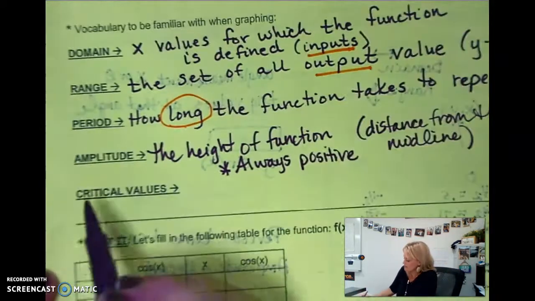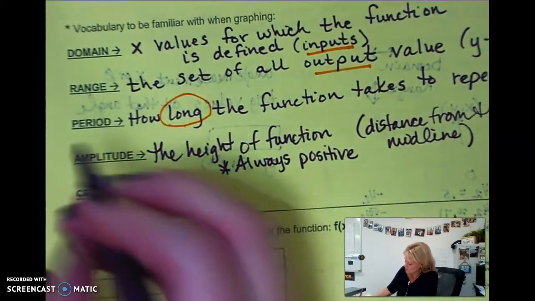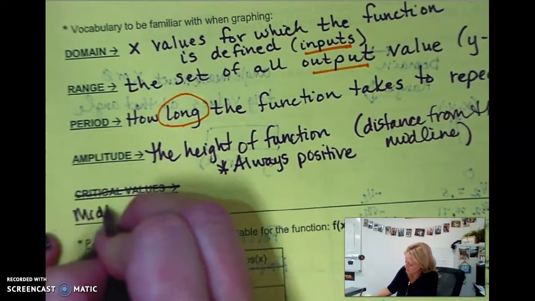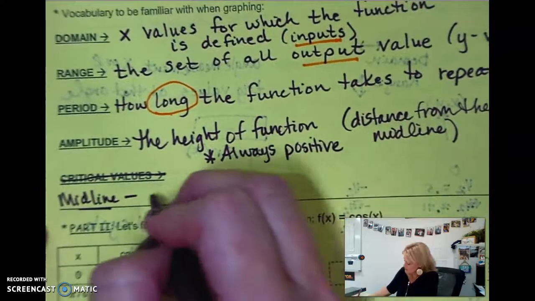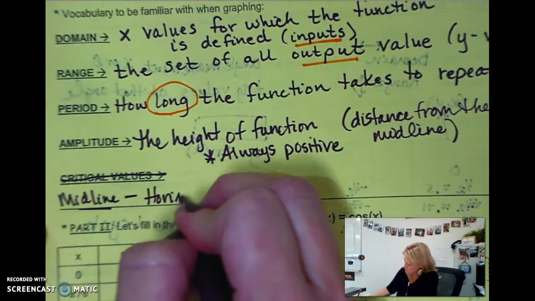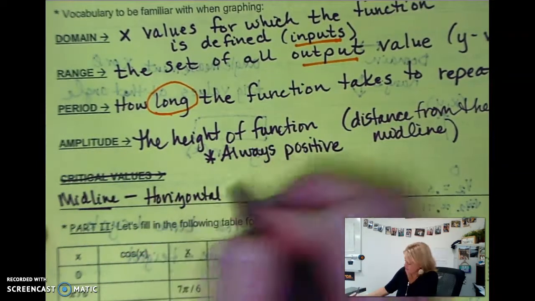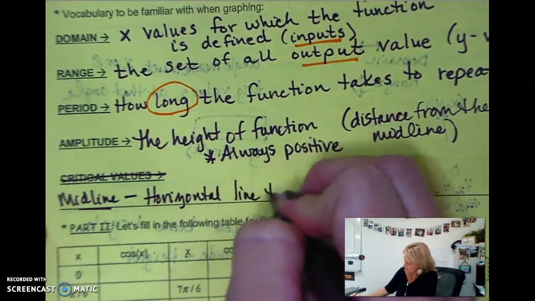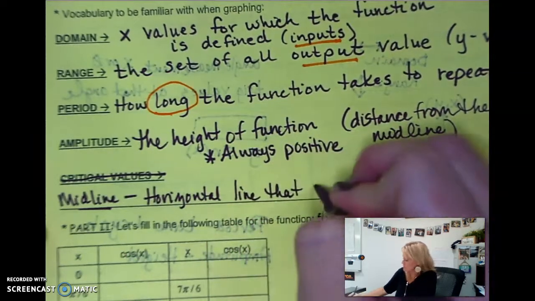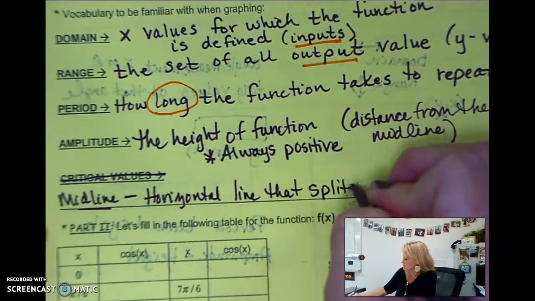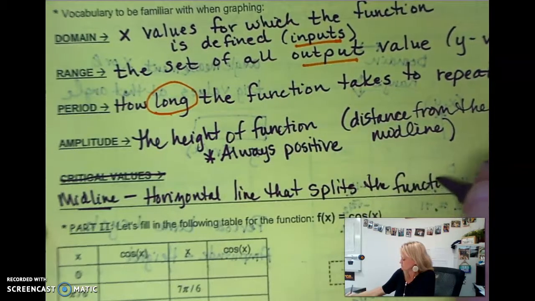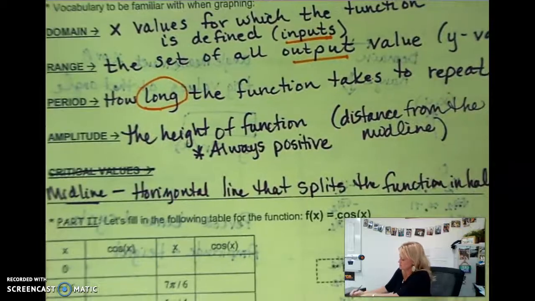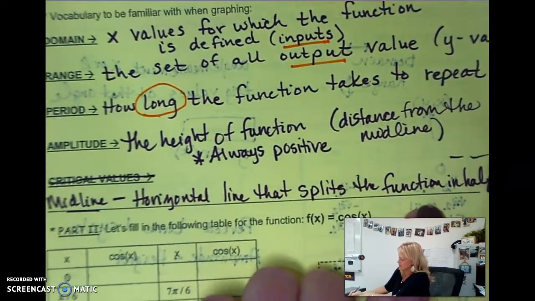We're going to cross out the crucial values and we're going to write in midline. The midline is the horizontal line that splits the function in half. So it literally just cuts the graph right in half.